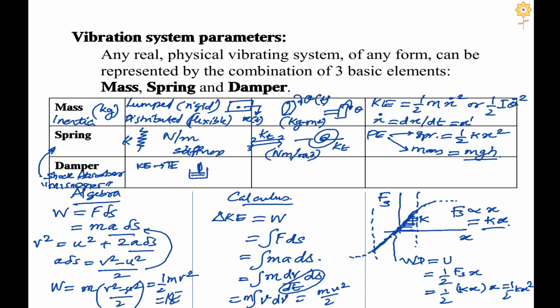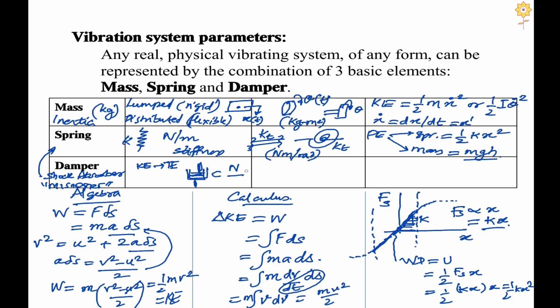This is a piston rod, this is a piston, this is a cylinder. This is a schematic representation, and it is defined by a constant called the damping coefficient, that is the damping force required per unit velocity. So it is a function of the relative velocity between piston and cylinder. The unit will be Newton per meter per second, that is the velocity.